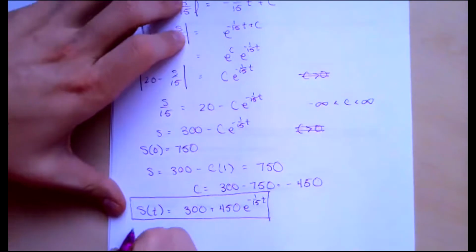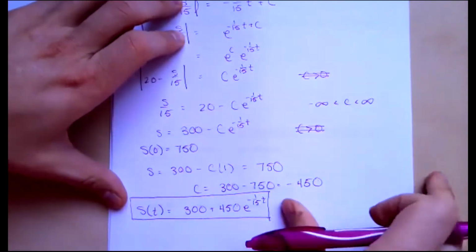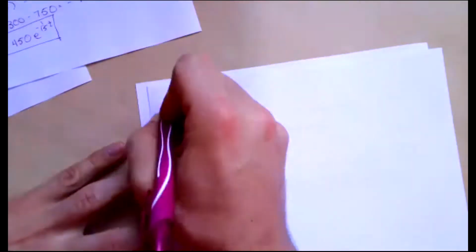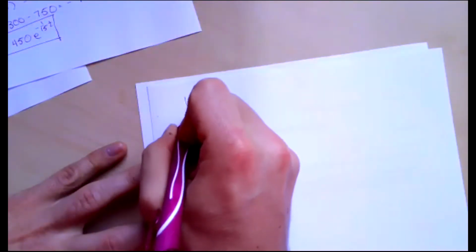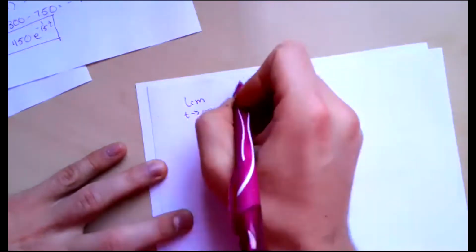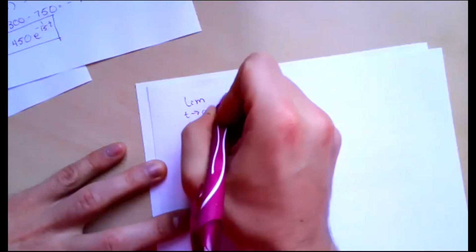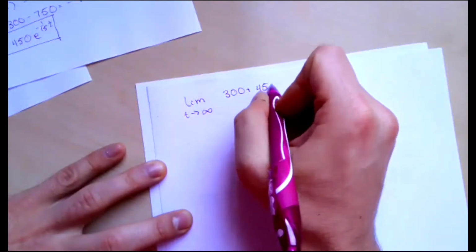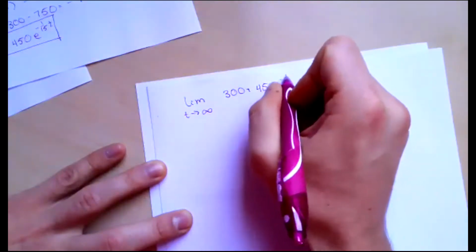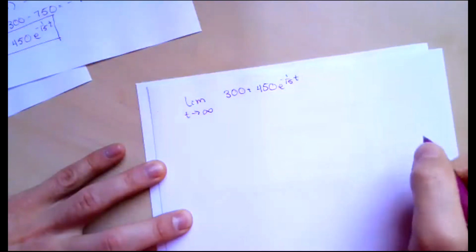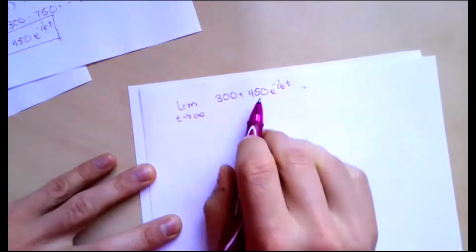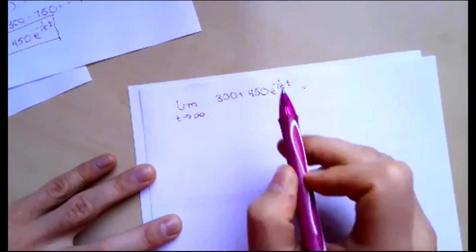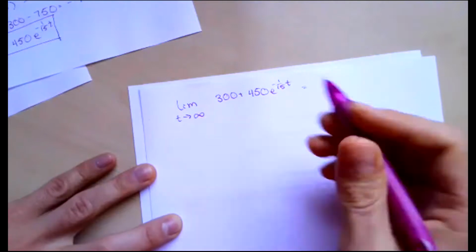What is the limit as t goes to infinity? If we were to let this thing run indefinitely, well, I have e to the minus infinity, which is 1 over e to the infinity, or 1 over infinity.